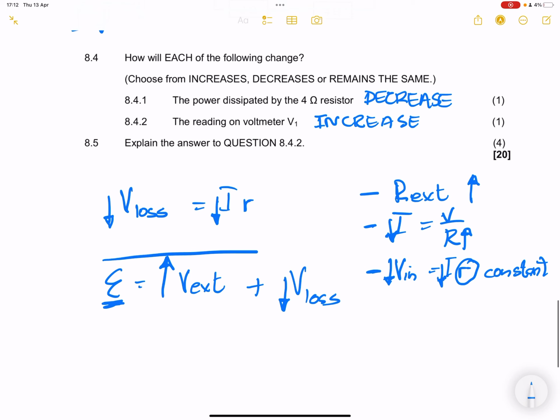Because of this relationship, the moment we decrease V loss, because EMF stays constant, the external voltage would increase. I hope that makes sense, ladies and gents. It is worth the 4 marks, so you must go through the actual explanation of that.